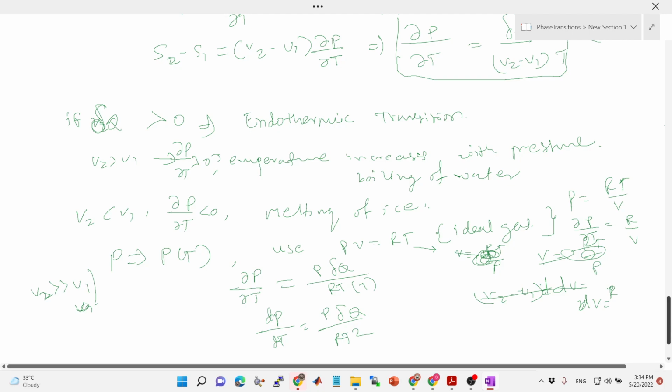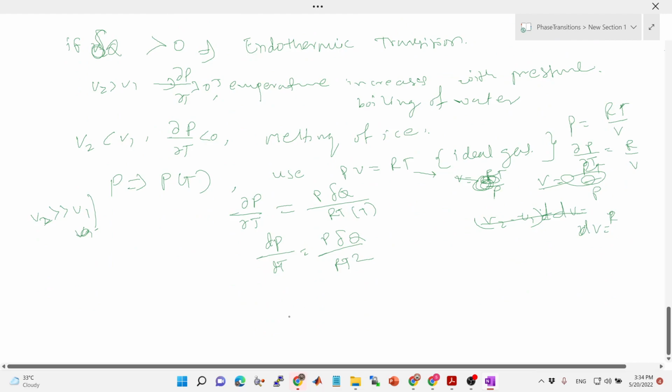And if we integrate this equation, that means dP by P is equal to delta Q by R times dT by T square.